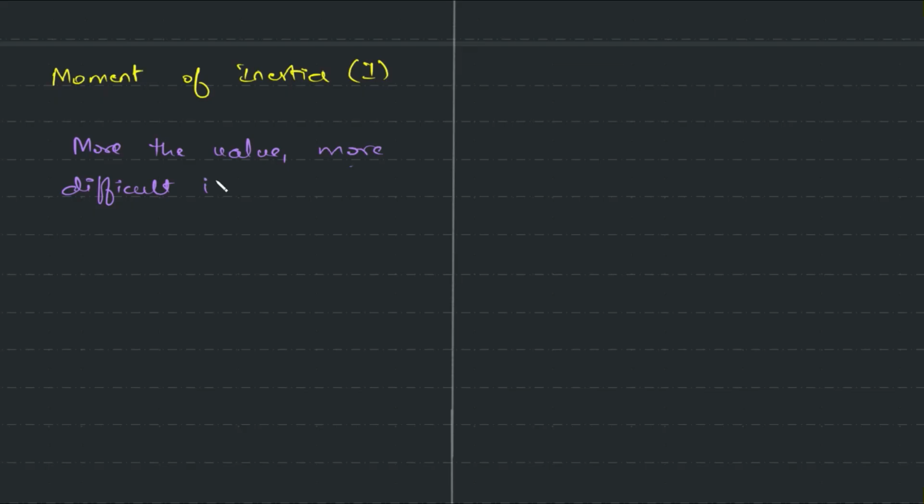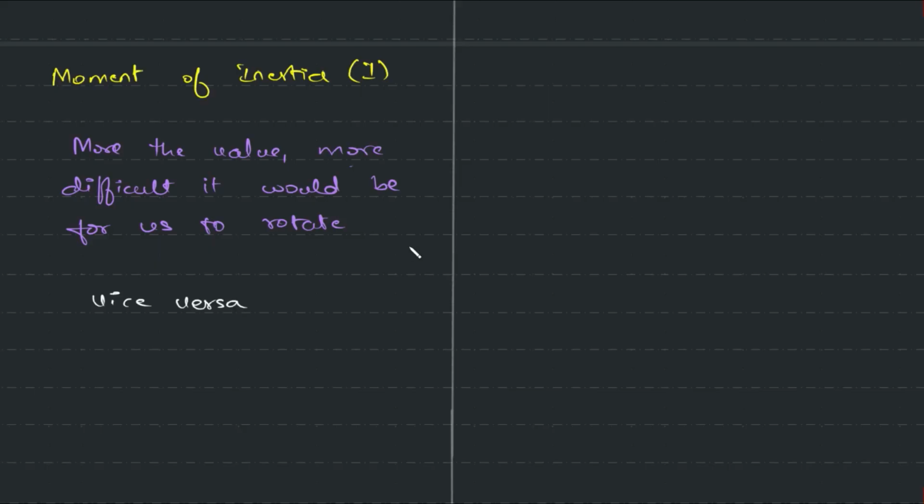And vice versa, so the opposite is also true.